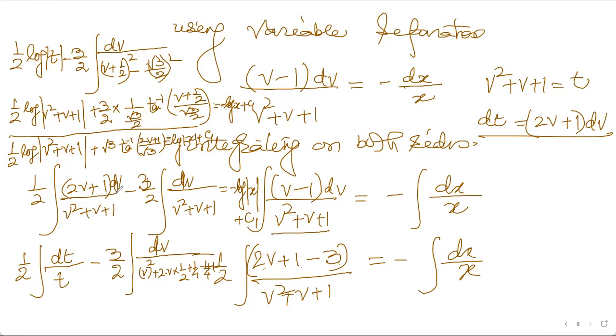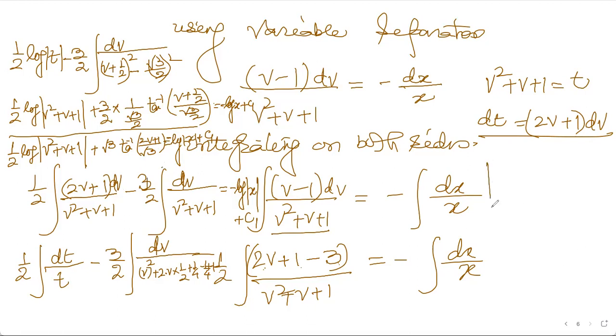So it is half log v square plus v plus 1 plus half log, or if you bring it to this side, this is half log x square. Half I am putting here extra so that I can take the LCM again and use the logarithmic law, and this gives root 3 tan inverse 2v plus 1 upon root 3.